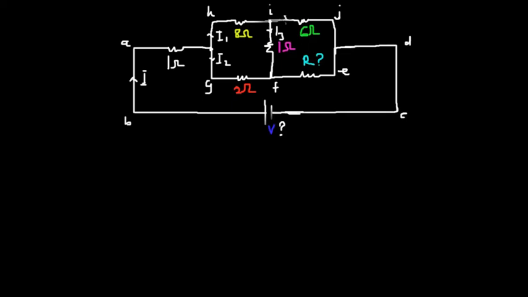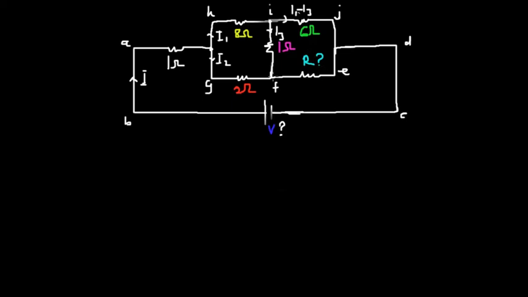So most definitely the current moving in this direction will be I1 minus I3. Let me rewrite that, it looks a bit faint. We have I1 minus I3 because I1 is entering the junction and I3 is leaving the junction. Okay, and then we proceed.